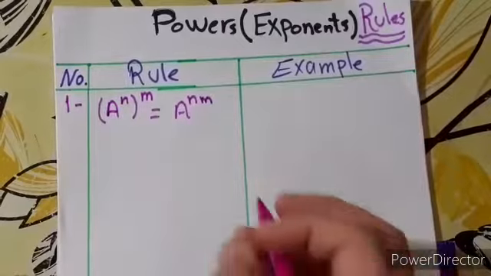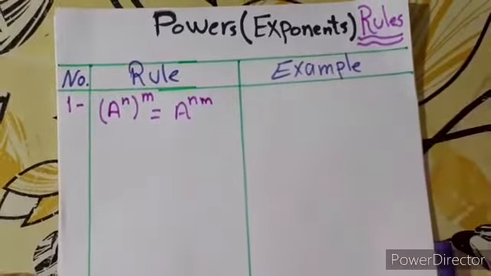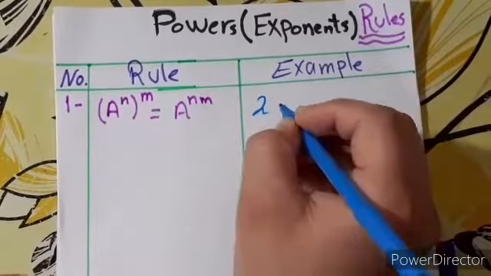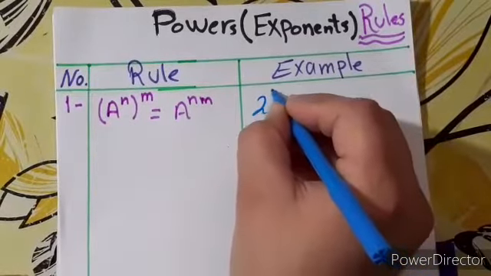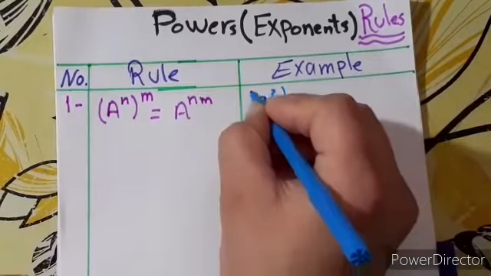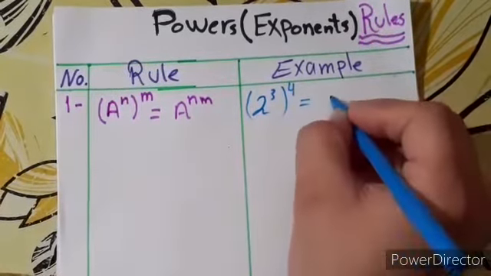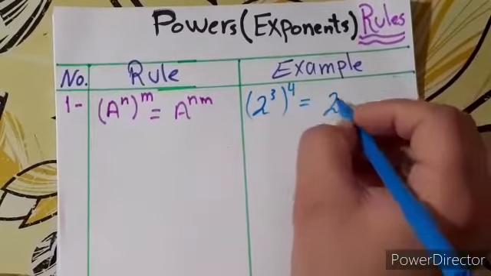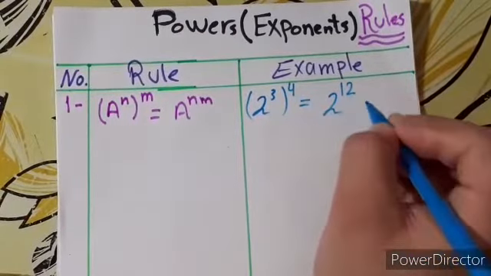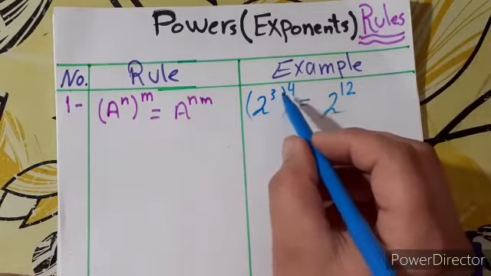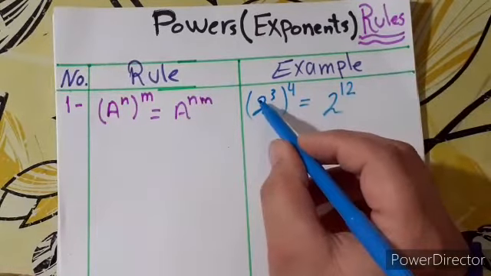For example, now if we have 2 as a base, 2 of the power 3 all power 4 equals 2 of the power 12. Why? Because we multiply the two powers on the same base A.